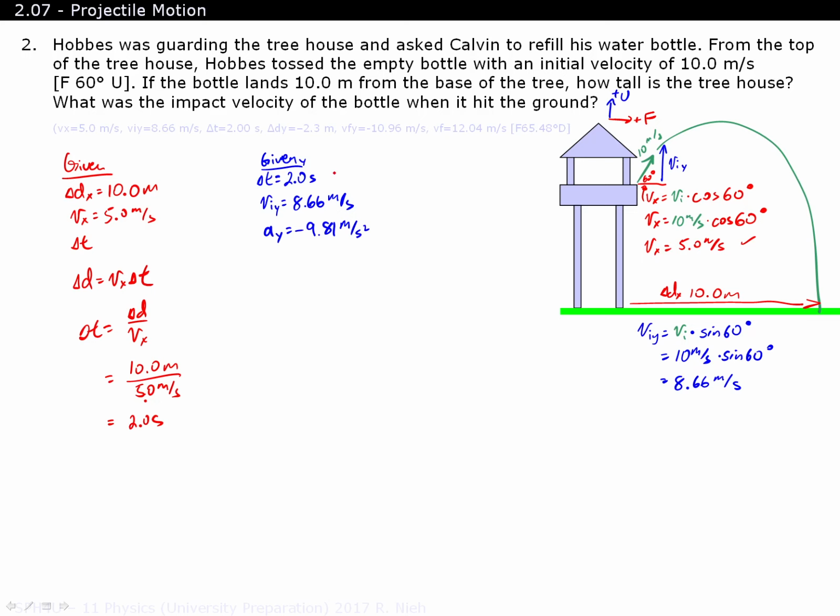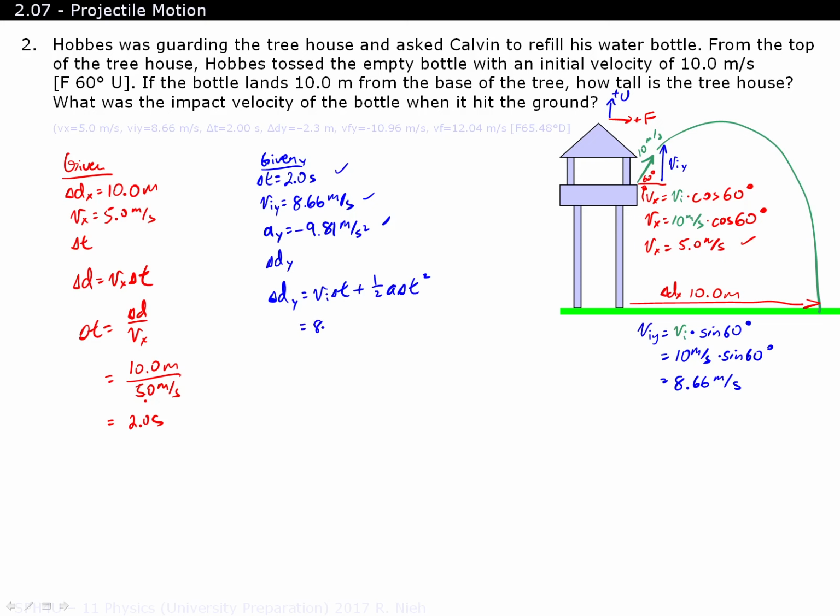Okay, so since we know these three givens, we can solve for either Vf or time. So, vertical displacement. And since that's what we're trying to solve for, how much did it displace vertically? Looking at this, we'll need to use this formula here. Delta dy is equal to Vi delta t plus 1/2 a delta t squared.